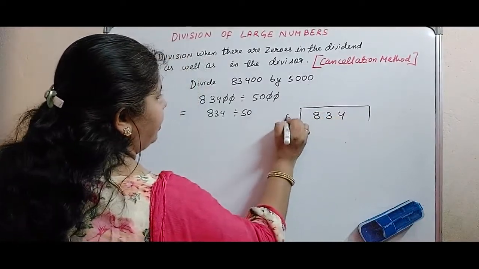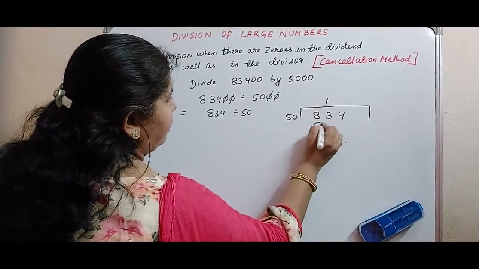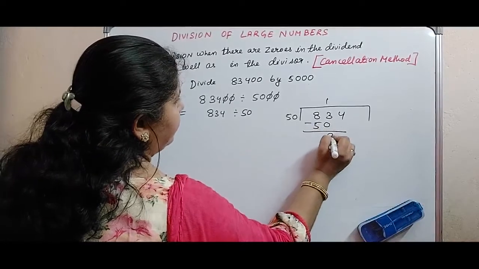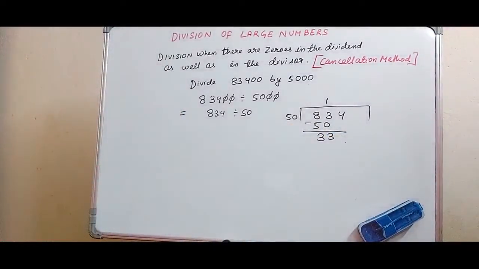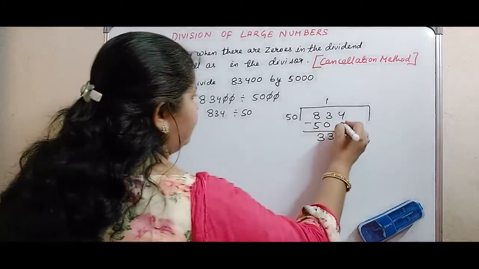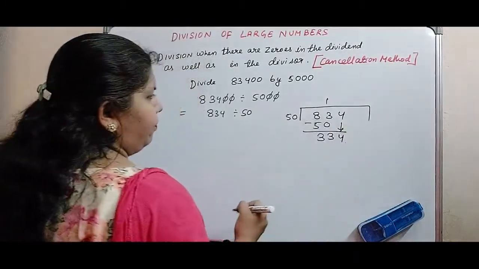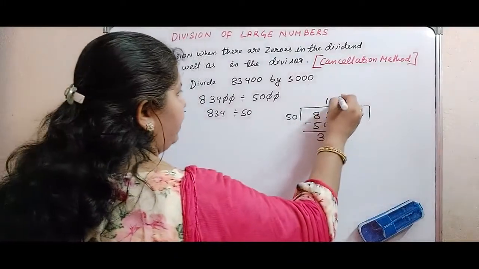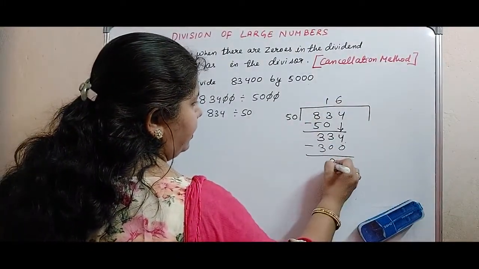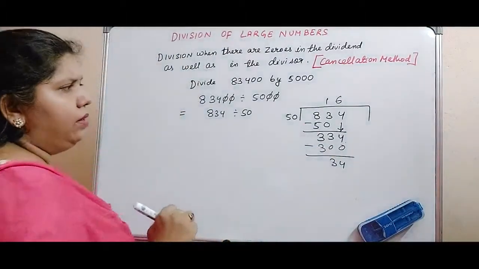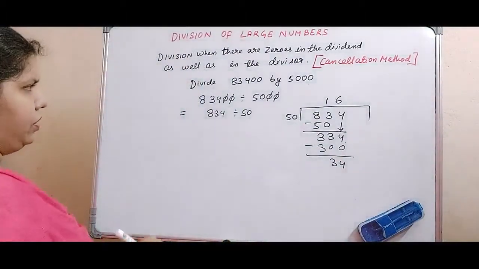Let us do the long division method here. 834 and 50. 50 ones are 50. After subtracting, you got 33, and this 4 came down. 50 sixes are 300, so you take 16. So 34 is the remainder that you got after the division.